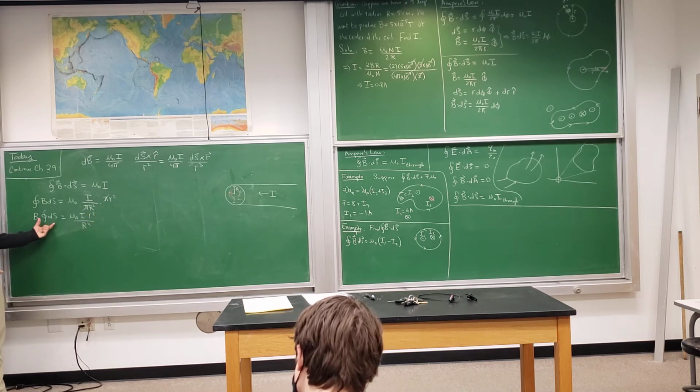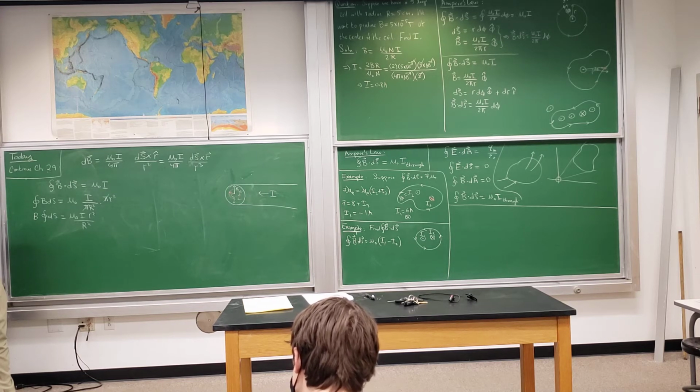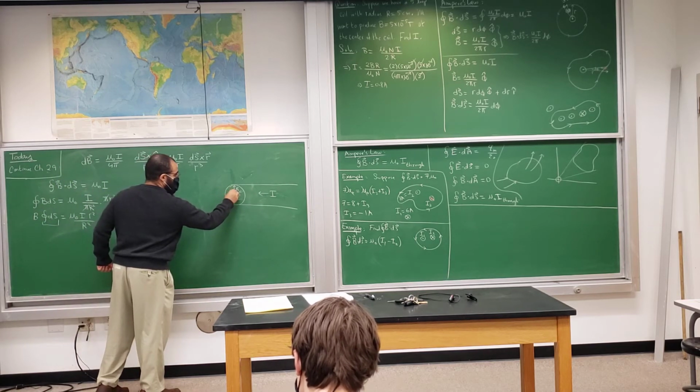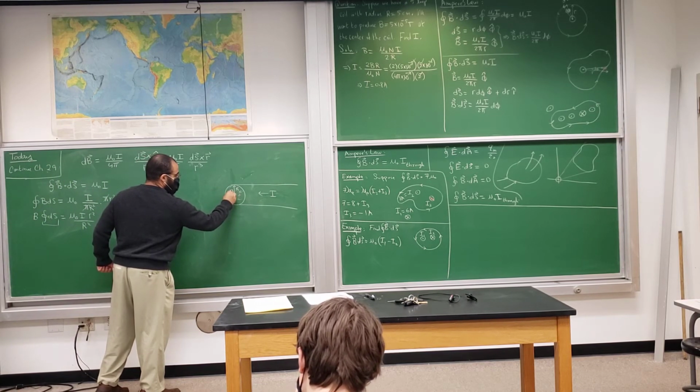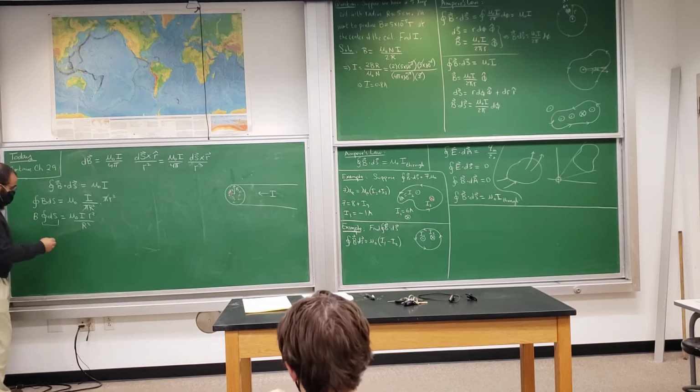What's the integral of ds? It's the circumference. ds is the arc length: this arc length plus the one next to it, plus the one next to it, and when you add them all together, you get the circumference. So it's 2 pi r.